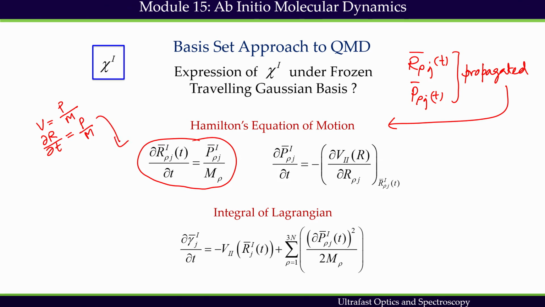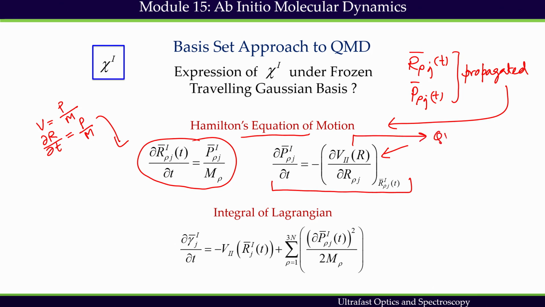On the other hand, previously we have shown the Hamilton equation derivation for the propagation of the momentum. Propagation of the momentum depends on the gradient of the potential, and the potential comes from electronic structure theory calculation.